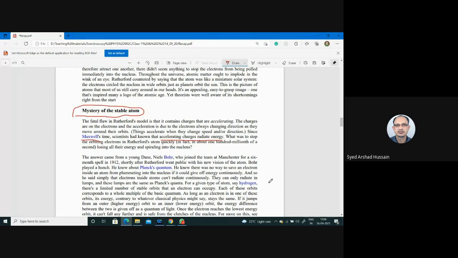So we can conclude that either Rutherford's model is defective and needs modifications, or our existing knowledge of classical theory is unable to explain the atomic structure in a proper way.